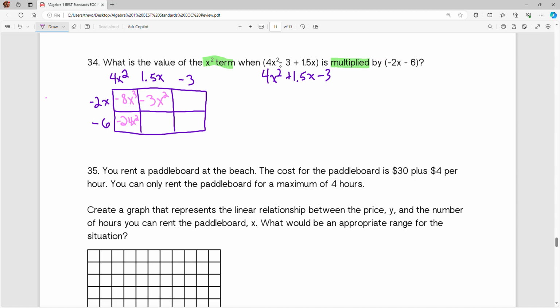And I'm going to continue multiplying just to make sure those are my only two x squared terms that got to get combined. 1.5x times negative 6, positive times negative. Negative 1.5 times 6. Pretty sure that's 9. 1.5 times 6. 6 times 5 is 30. 6 times 1 is 6 plus 3, 9.